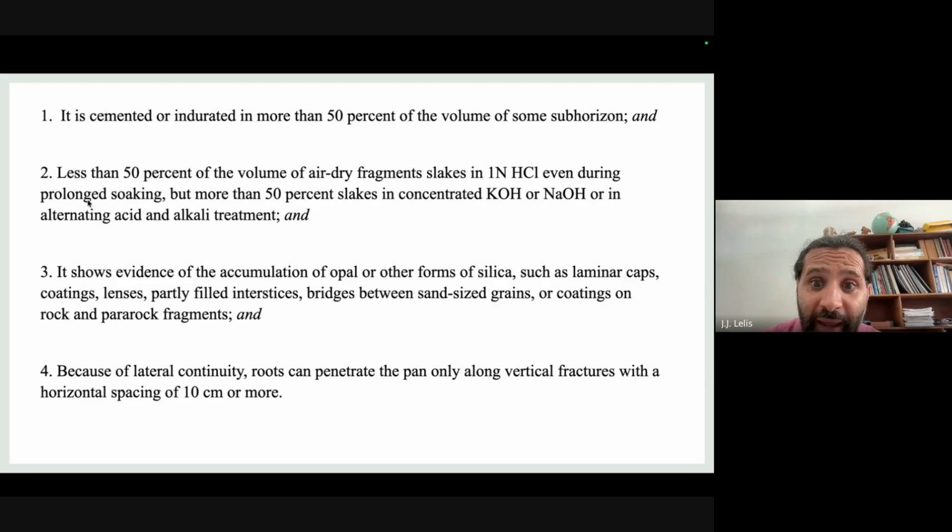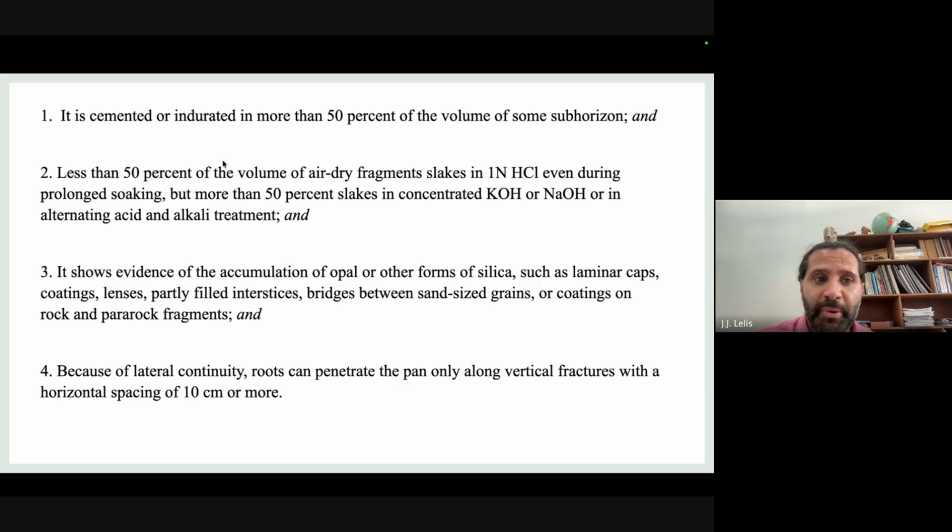Why am I saying that? Because, of course, the silica cementing this duripan is not destroyed by hydrochloric acid. It's only destroyed by very high pH.